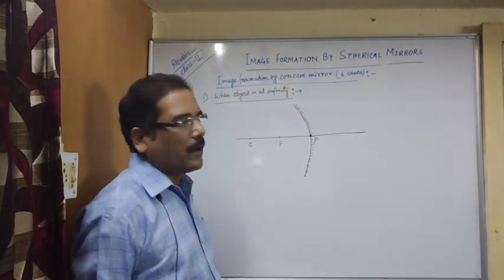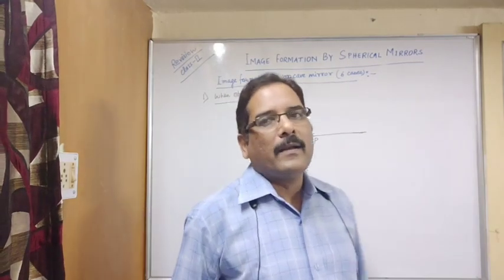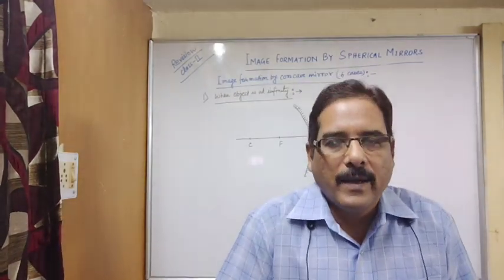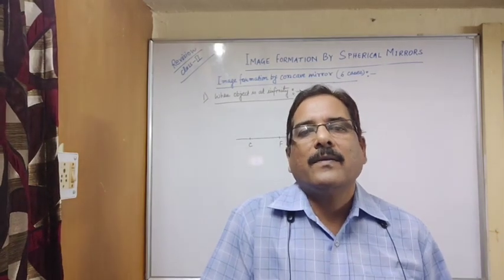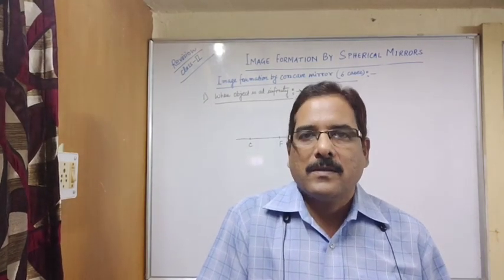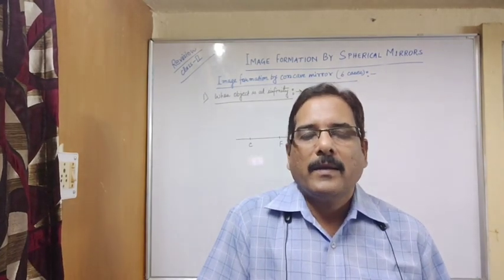Now first case, when object is at infinity, and you must know that at least 2 light rays are required to make an image. Actually so many light rays, millions of light rays are coming and falling on the mirror surface. But for simplicity we are taking 2 light rays.